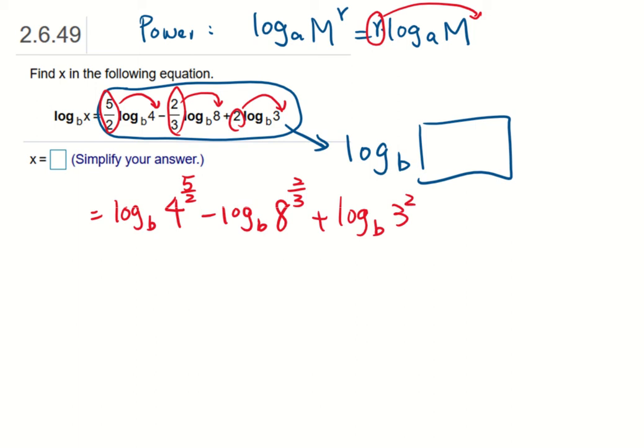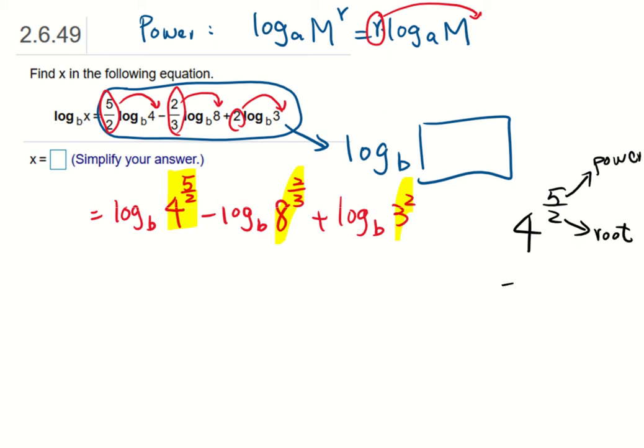Okay, now I'm going to simplify each argument. So first of all, what is 4 to the power of 5/2? We know for an exponent, the numerator is considered the power and the denominator is the root.